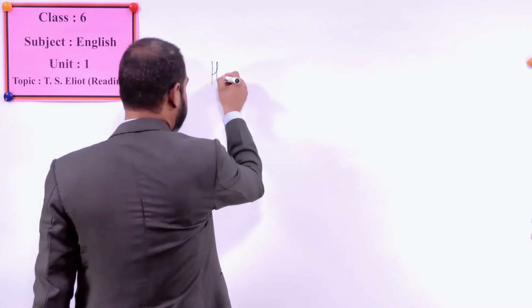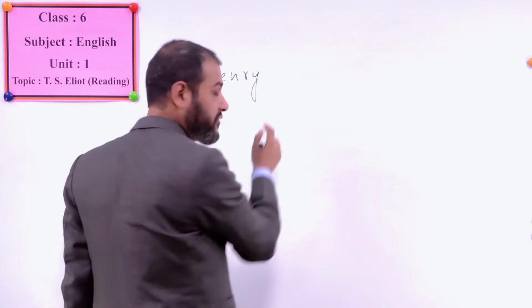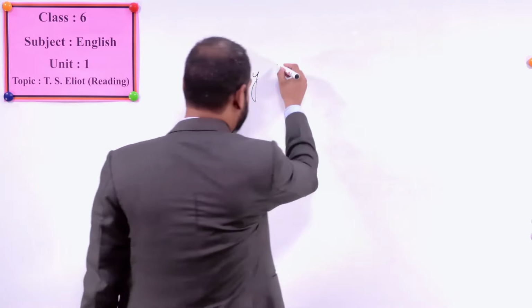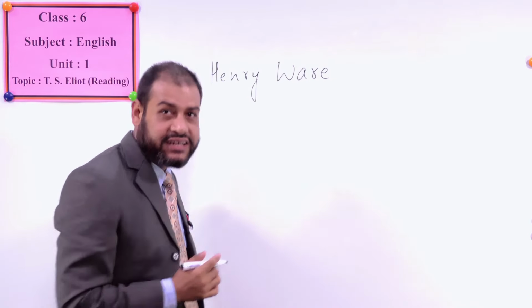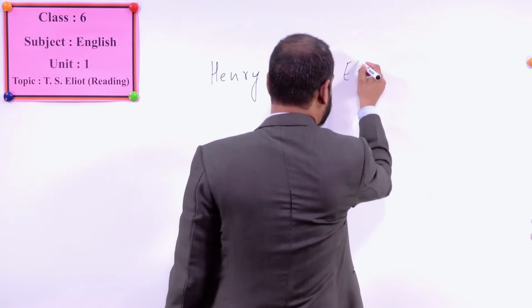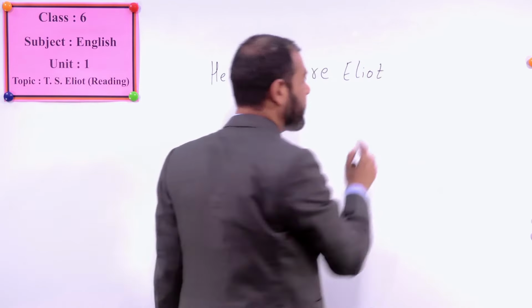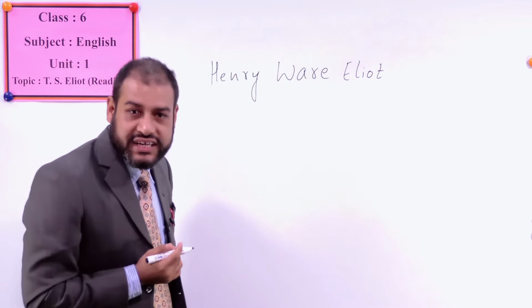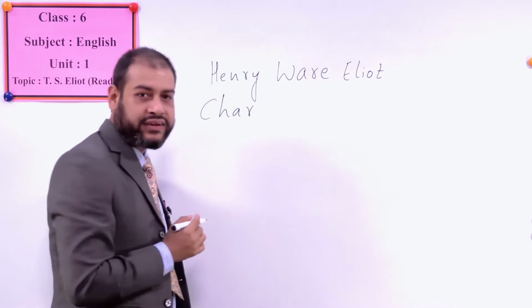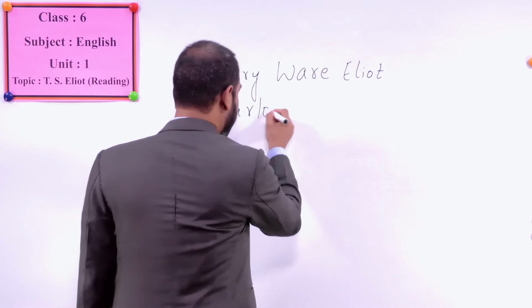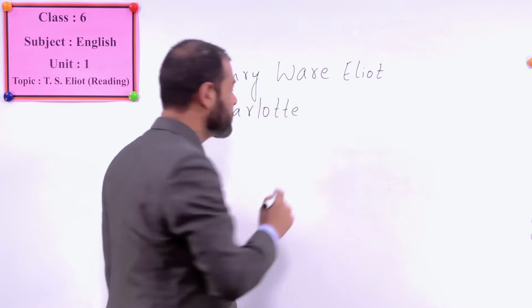Yes, Henry, Henry, and then Ware, W-A-R-E, Ware, and again last name Eliot, E-L-I-O-T, Eliot. And his mother's name, okay, spelling: C-H-A-R-L-O-T-T-E, Charlotte.